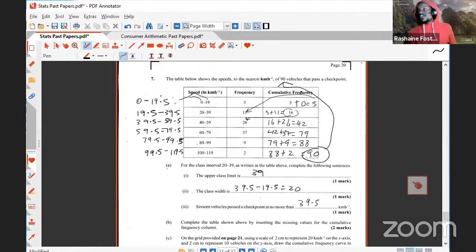When you're doing cumulative frequency, the last number in the cumulative frequency is always equal to the total frequency. The question says the table shows the speeds to the nearest kilometer per hour of 90 vehicles that pass a checkpoint, and as you can see, when we added our cumulative frequency together, the last value was 90.